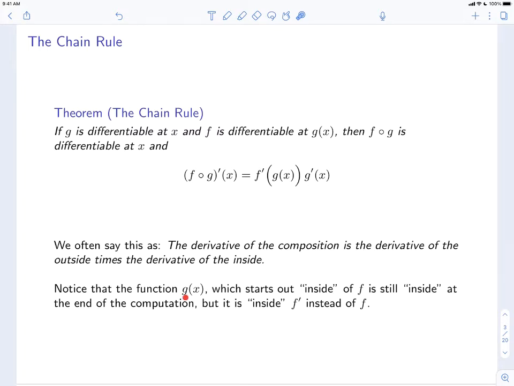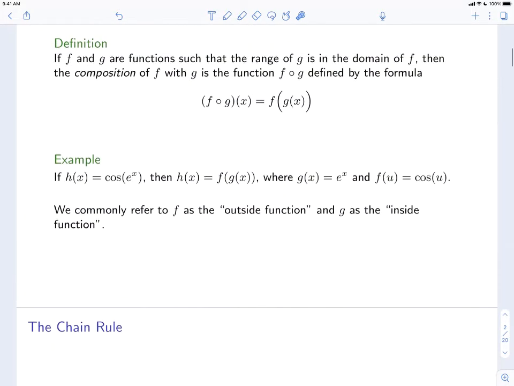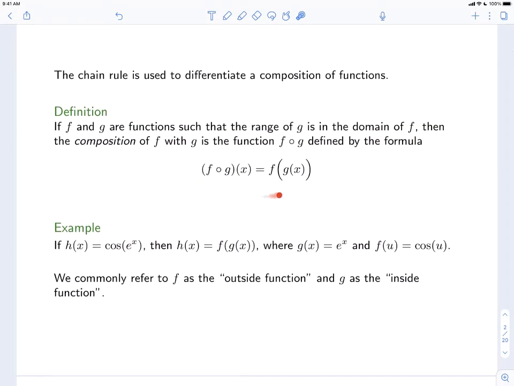Notice that the function g, which starts out as inside of f, is still inside at the end of the computation, but it's now inside f prime instead of f. When we say that g is inside of f, we're referring to the definition of the composition. So if we just go back to the previous slide, this is what we mean. This is the composition of f with g, and g is inside of f.